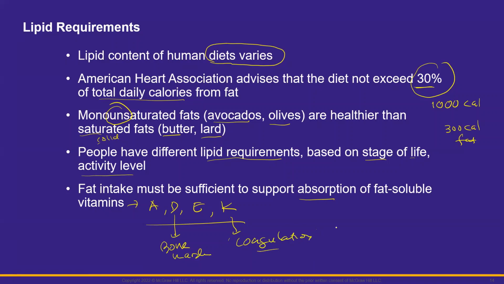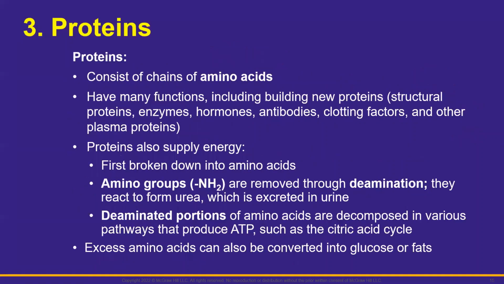So we need it when we are bleeding, for example, for blood clotting. Okay, vitamin A is needed for our eyes, and many other functions. So we need fat in our diet to increase the absorption of these vitamins A, D, E, and K.